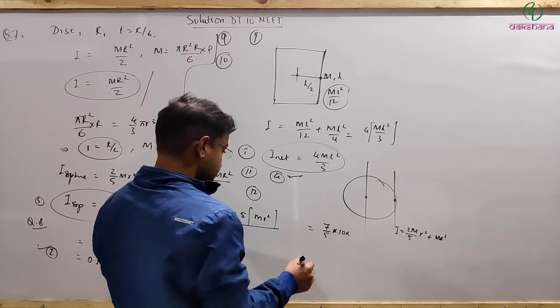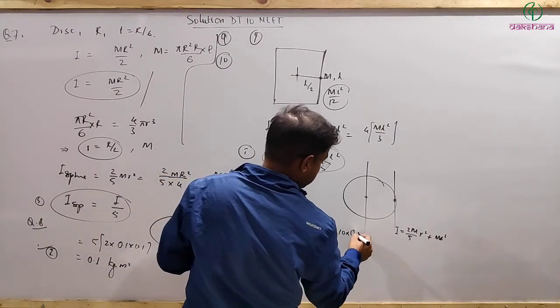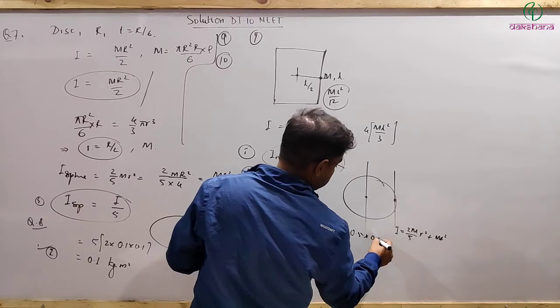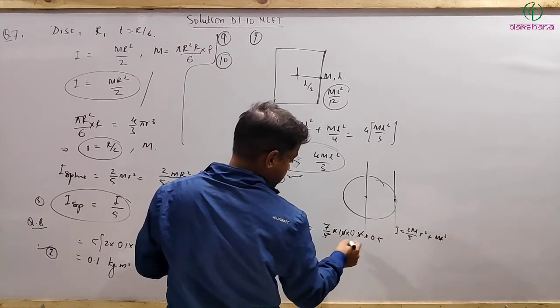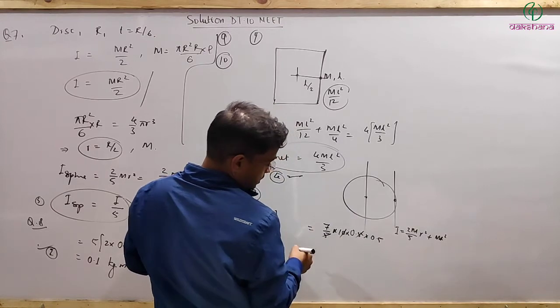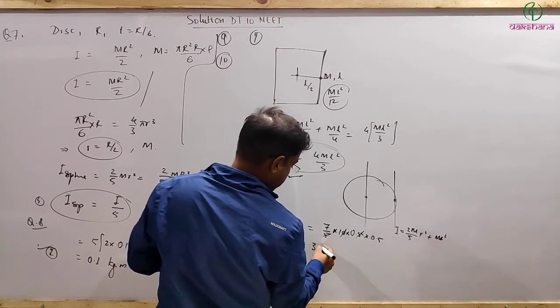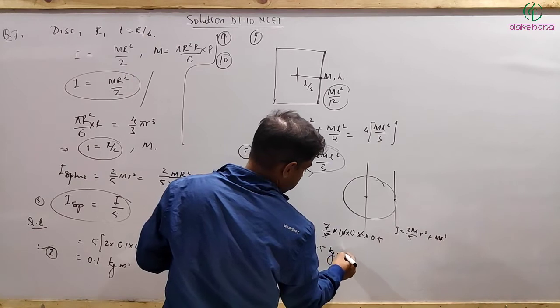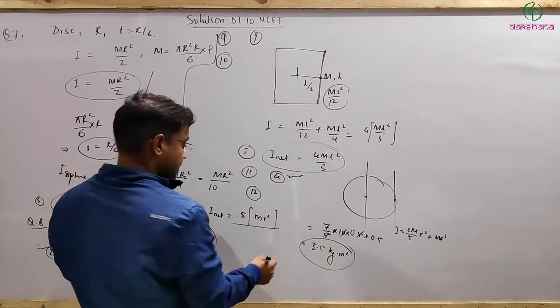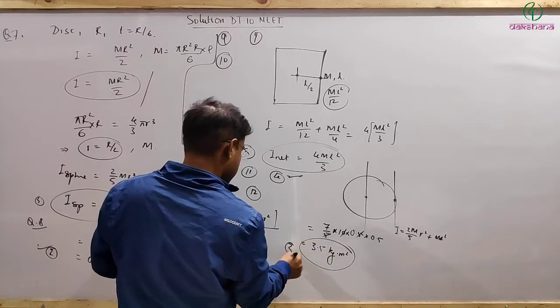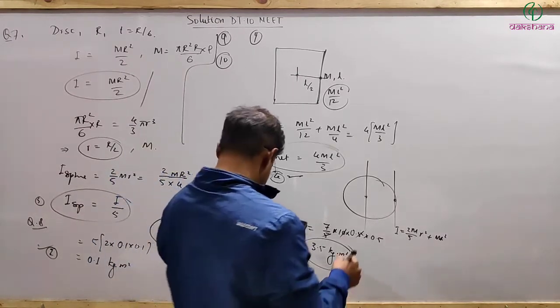R square is given as 0.5 into 0.5, so this one gets cancelled, 10 gets cancelled, and that comes out to be 3.5 kg meter square is the moment of inertia of this part. That will be matching with option number 3. Next question number 13.